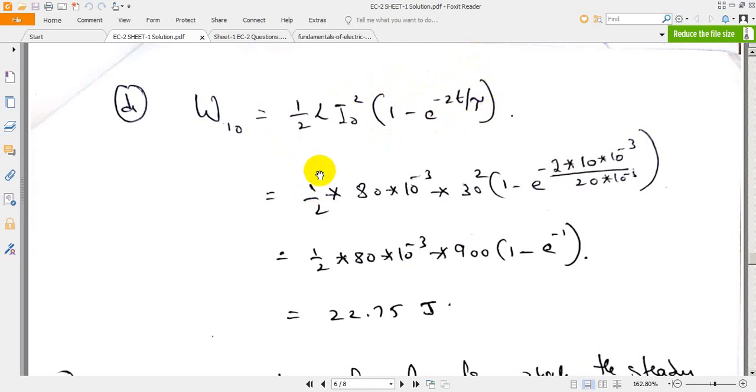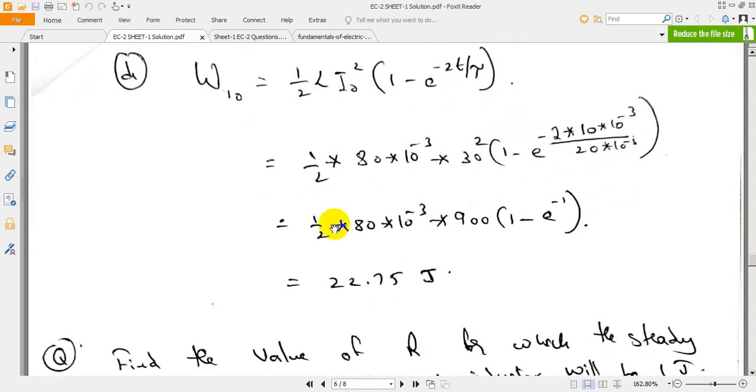Substitute the value of t is equal to 10 milliseconds. I naught we know 30 square, and L value we know 80 millihenries. In place of t we write 10 into 10 power minus 3, and tau is equal to 20 into 10 power minus 3, which has been evaluated. When you substitute, you will get 22.75 joules. This forms your first problem related to the RL circuit.